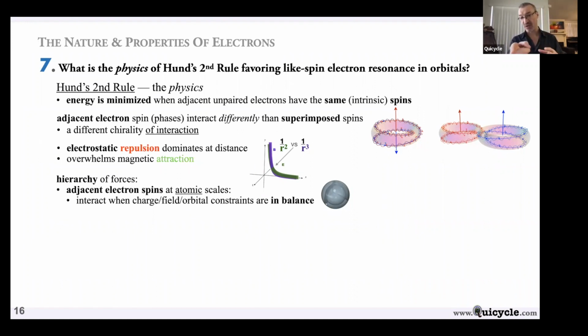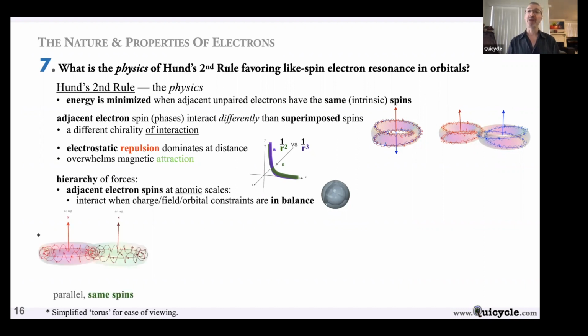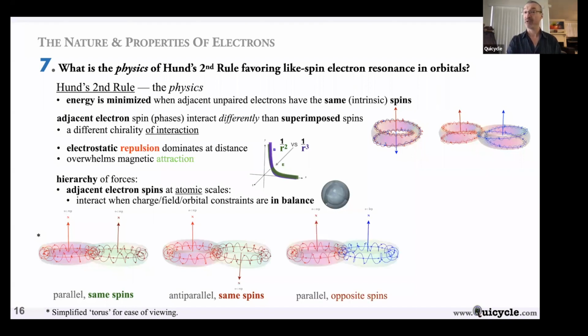Electrons in this carbon's second shell, for example, those 4 degenerate tetrahedral electrons, are only going to move so far apart until such time as they reach a symmetrical arrangement. So now the charge and the field interactions are in balance, and at that point, the spin interaction will be able to emerge. So there'll be 4 different ways that these adjacent spins will be able to interact with one another. They'll either be parallel or anti-parallel. They'll either have the same spins or opposite spins.